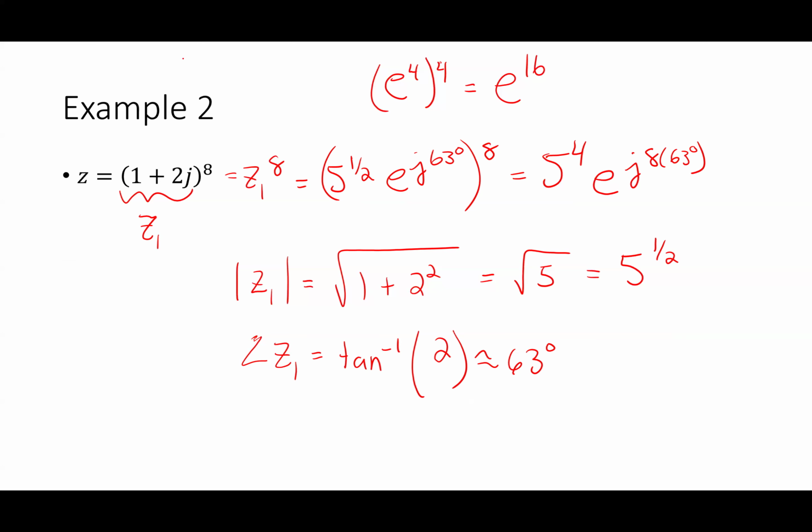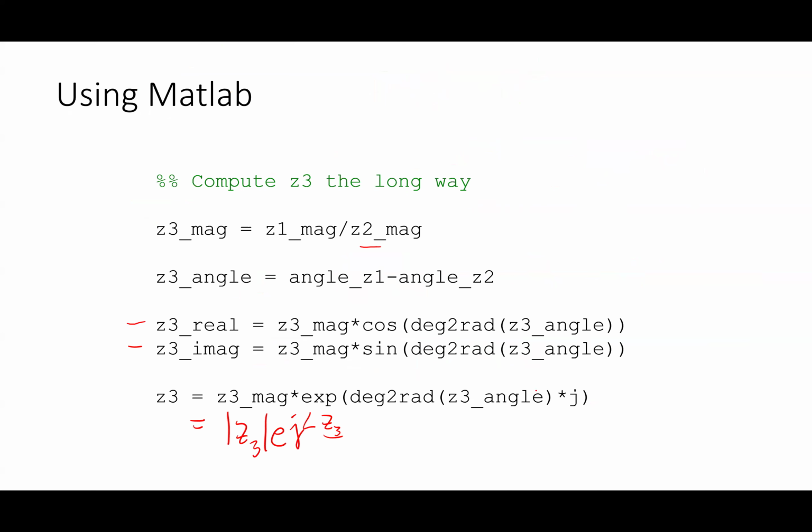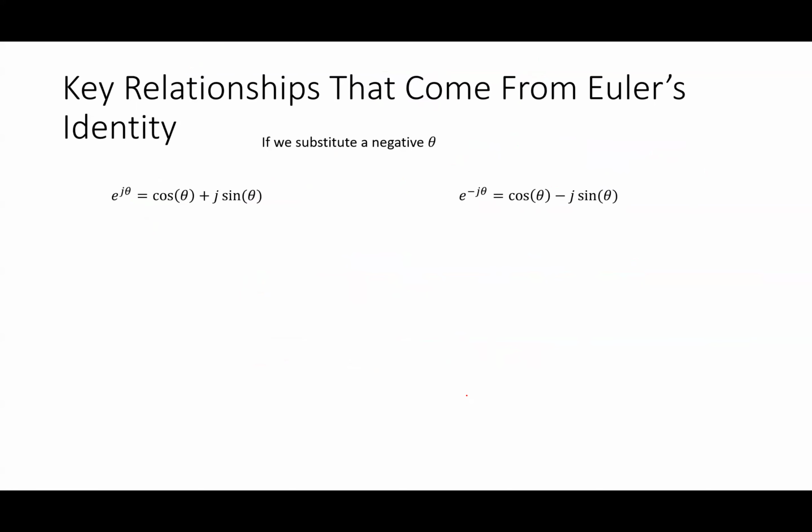So it's e to the j times phi. Right. So if you look at any of my examples, I have exponential j times the angle.